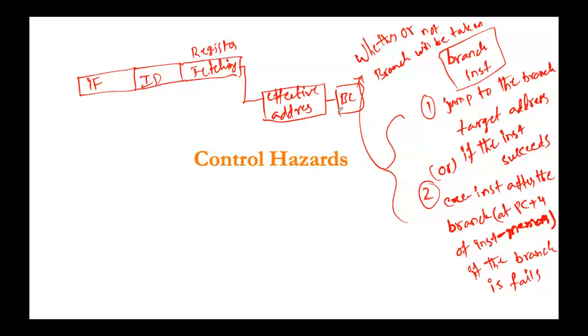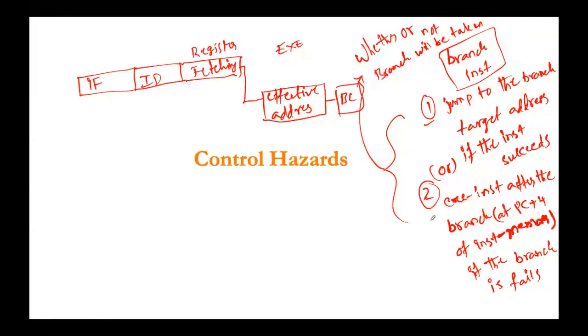So we don't know until the execution stage, when the effective address is computed, whether the branch will be taken and jump to the target address or not.